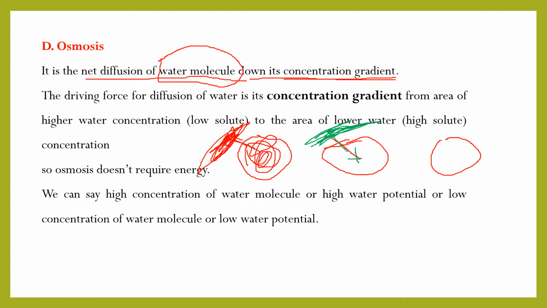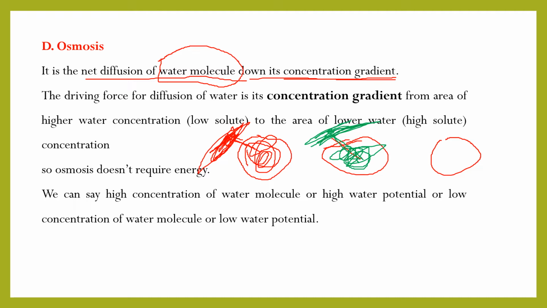It means from the extracellular fluid to the intracellular fluid. This type of concentration is known as hypertonic solution. I mean, the intracellular fluid of the cell is in hypertonic solution. So water will be diffused from the extracellular fluid to the intracellular fluid.